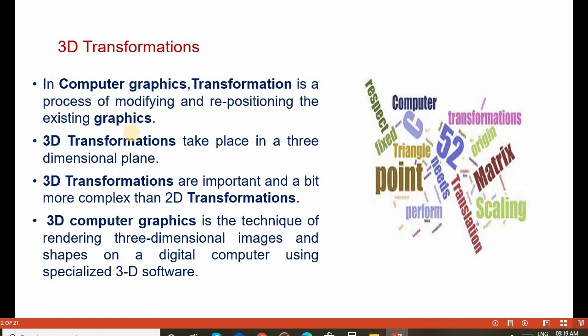The 3D transformation takes place in a three-dimensional plane, and that's why it's called 3D transformation. It is most important and a bit more complex than 2D transformation, because the entire object of the model can be viewed. 3D computer graphics is a technique for rendering three-dimensional images and shapes on a digital computer using specialized 3D software. Using this software, we can create new three-dimensional images and shapes in a CAD system.